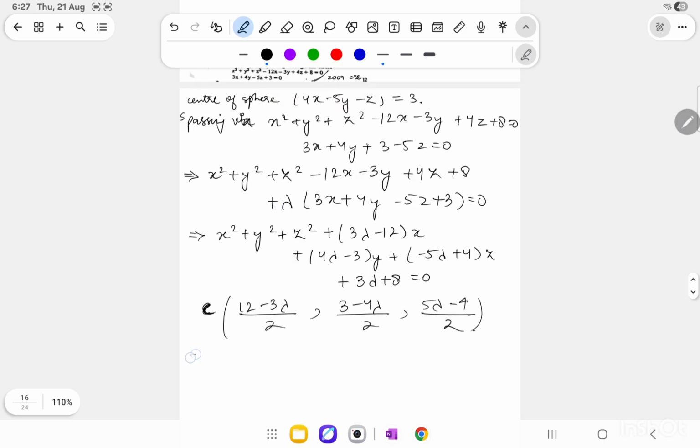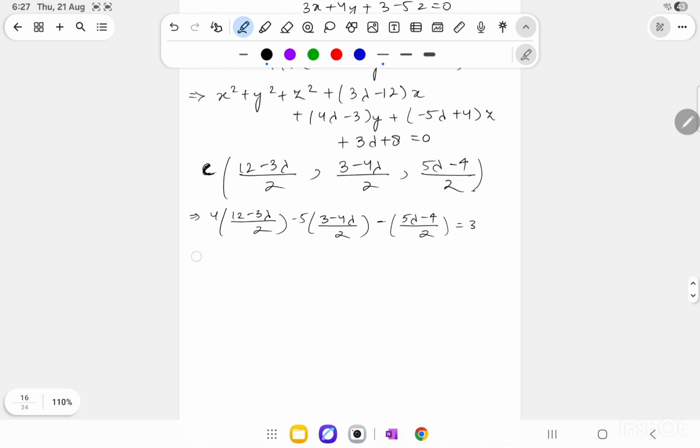So using that I got 4 into 12 minus 3 lambda by 2 minus 5 into 3 minus 4 lambda by 2 minus 5 lambda minus 4 by 2 is equal to 3. So if I simplify it, I'll get 12 4s are 48 minus 12 lambda minus 15 plus 20 lambda minus 5 lambda plus 4 equals 6.